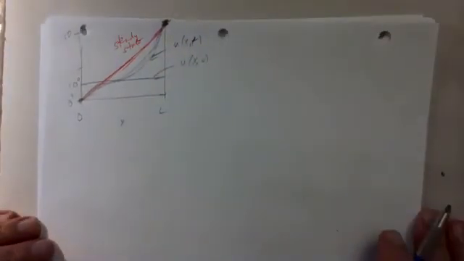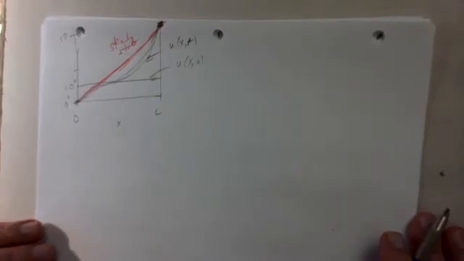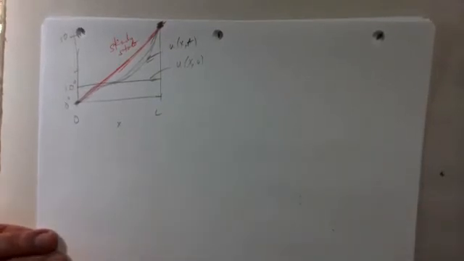Now, using just the principle of conservation of heat, we will, not today, derive an equation that describes the evolution of the temperature distribution in this metal rod.